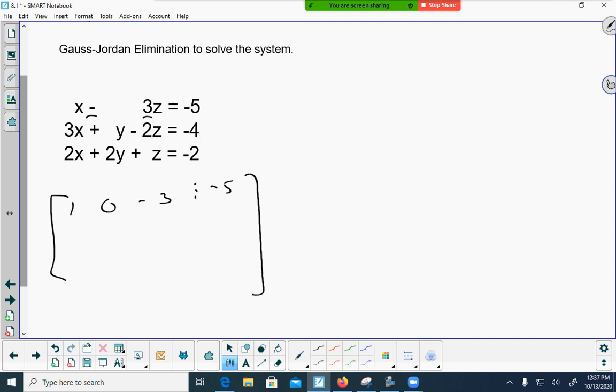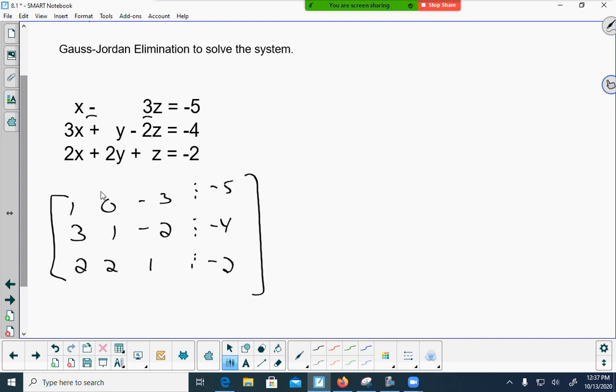Dropping one negative sign can kill you in these problems. All right, next row, Vincent, quickly. -4. And the last row, Jasmine.